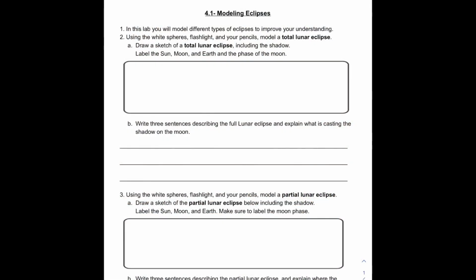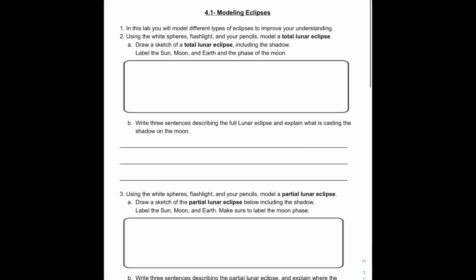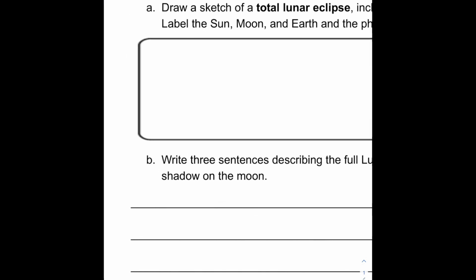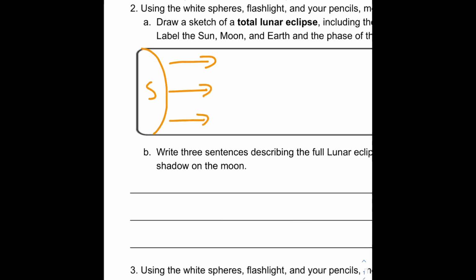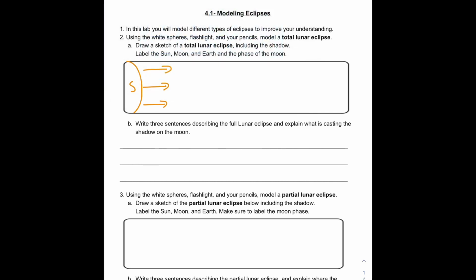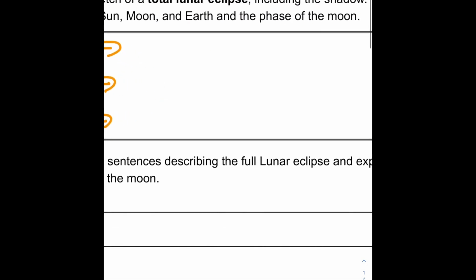All right, so now that we have modeled a total lunar eclipse, I'm going to draw out what that should look like on your paper. So the first thing we're gonna draw is the sun, and we're gonna label it S for sun. So there's my sun, and here's the solar energy coming off of my sun, and that is headed towards my Earth, which my Earth is over here a little bit.